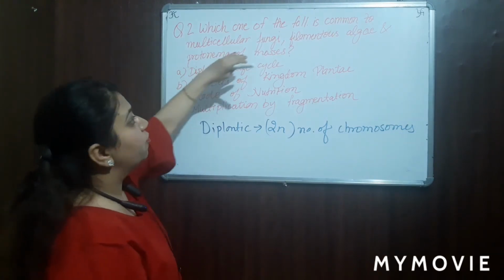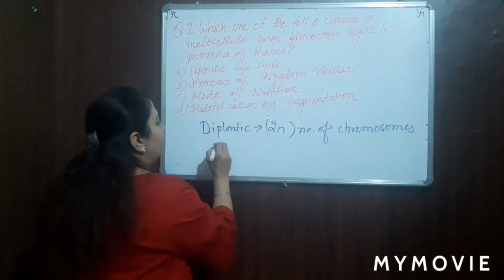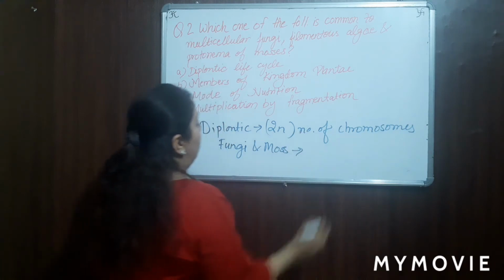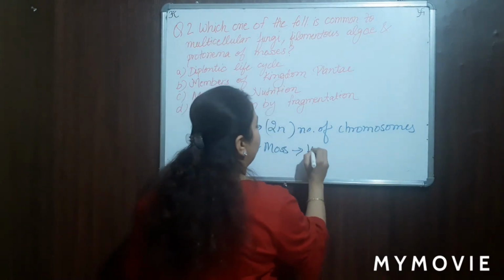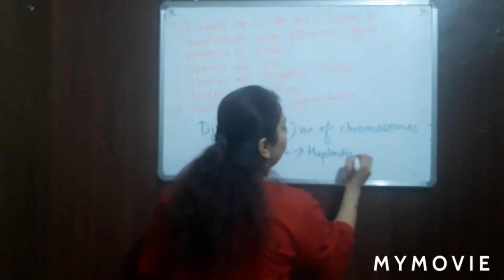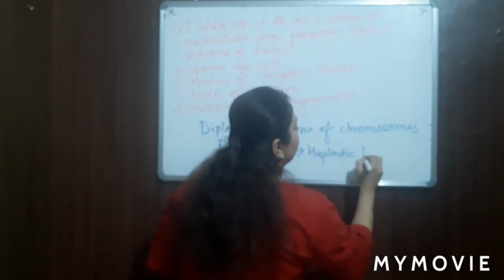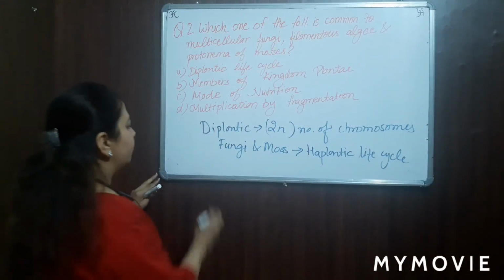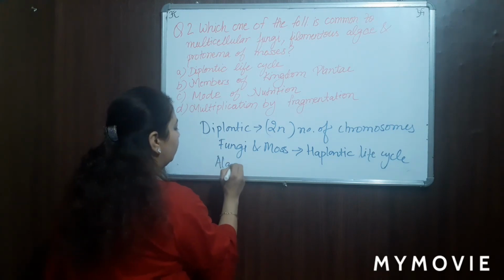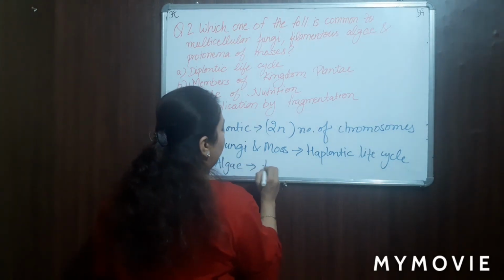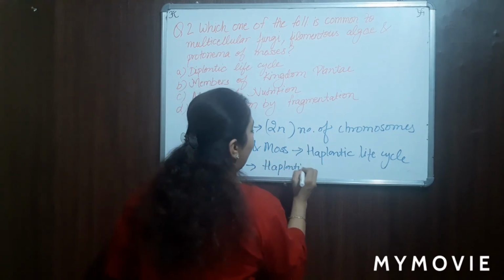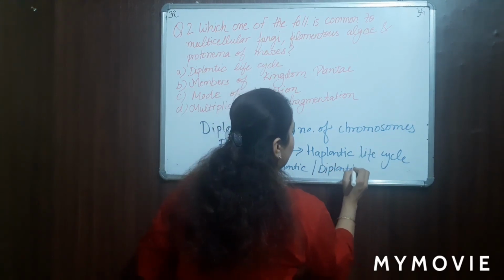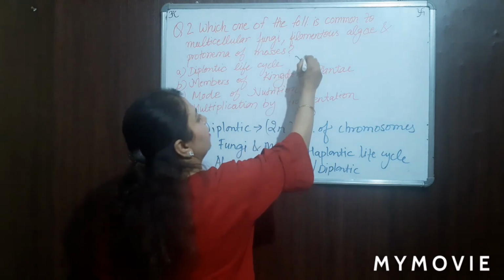Well, if we talk about fungi and mosses, the life cycle is haplontic instead of diplontic, and in higher plants it is diplontic. So this option is incorrect.